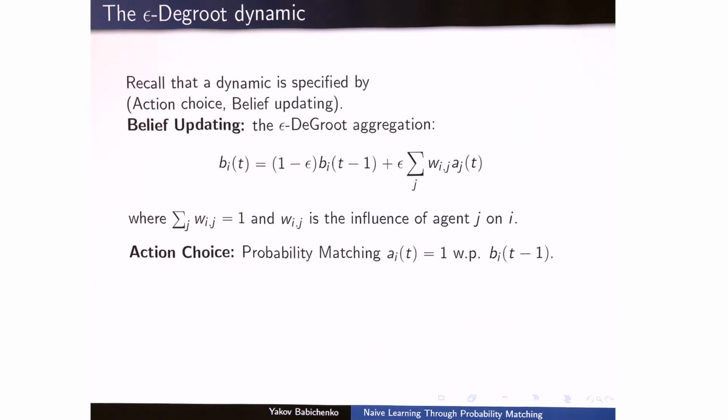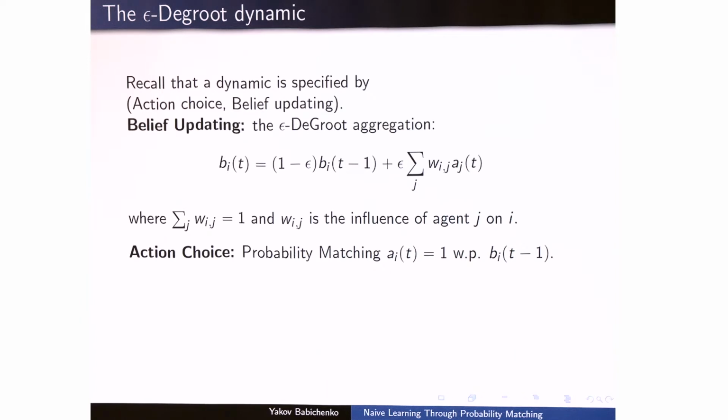And now I should tell you how we choose the action given a belief. And here is the new idea, I think this is the key point that allows us to have all these positive results: players do not choose their action deterministically given their belief, but they randomize it.